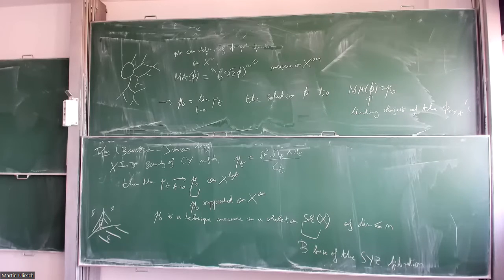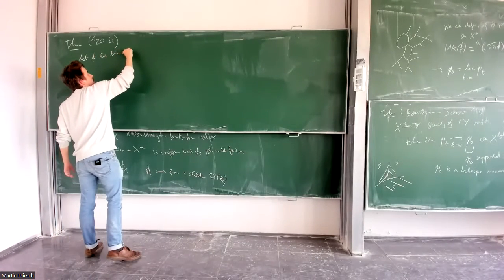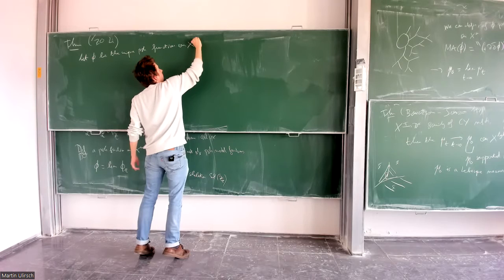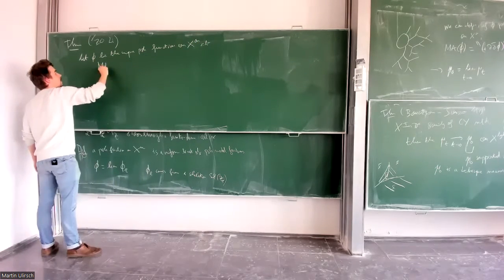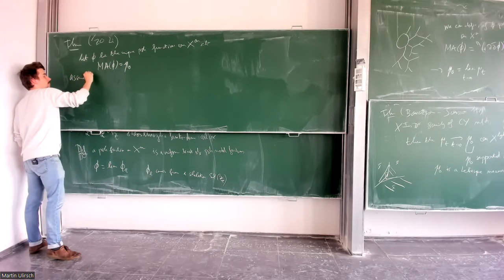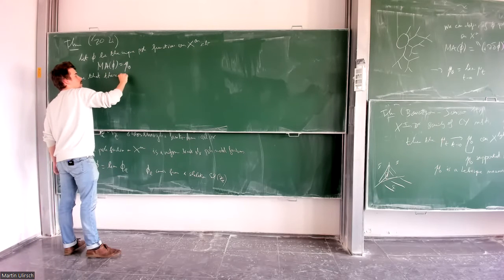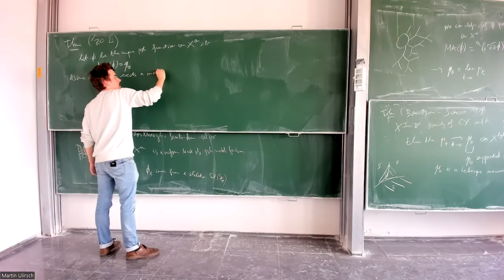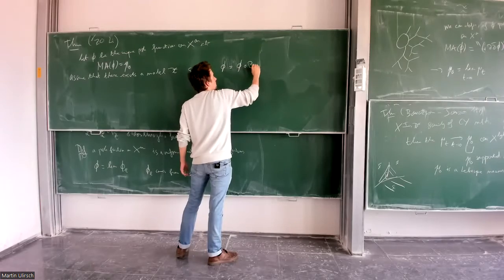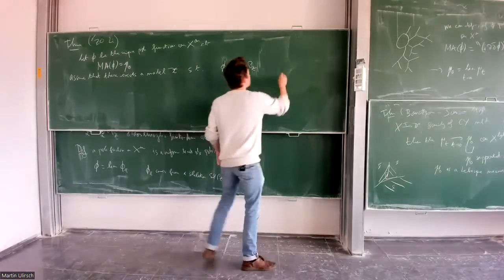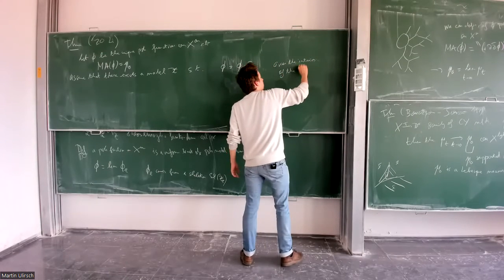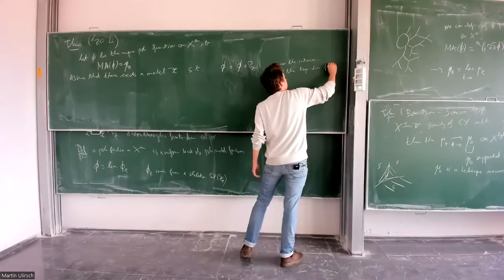Let phi be the unique PSH function on the Berkovich space X^an such that the Monge-Ampère of phi is equal to mu_0, my limiting measure, and assume that there exist models curly X of X such that phi actually factors through this retraction map, not over the whole skeleton, but over the interior of the top dimensional faces of the skeleton.